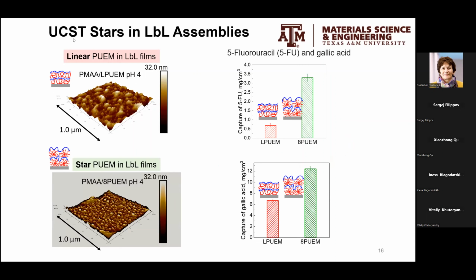So we took our UCST stars and put them in the assembly with PMA at pH 4 at the surfaces. The graph on the top is the assembly of the linear chain, which gives you a messy surface AFM morphology, and a very nice, distinct architecture on the bottom.